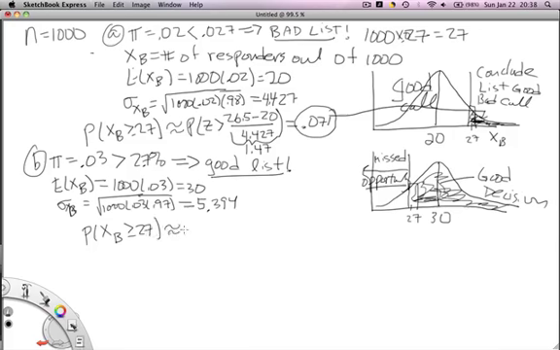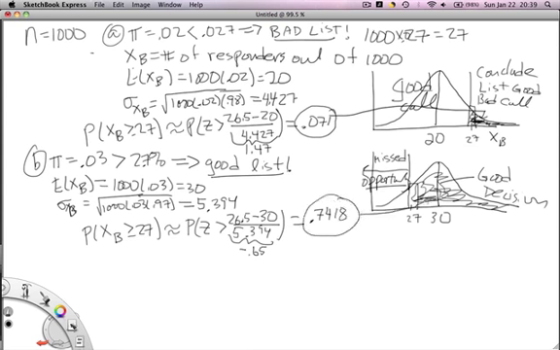Using the normal approximation, this is approximately the same thing as z greater than 26.5 minus the mean, which in this case is 30, divided by the standard deviation, which is 5.394. The z value that we have to look up is minus 0.65, and the answer using NORM.DIST in Excel is 0.7418 or so. So there's about a 74 to 75% chance that we come to the right conclusion about this list.